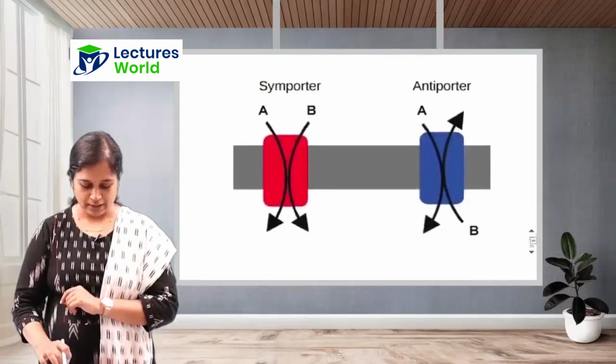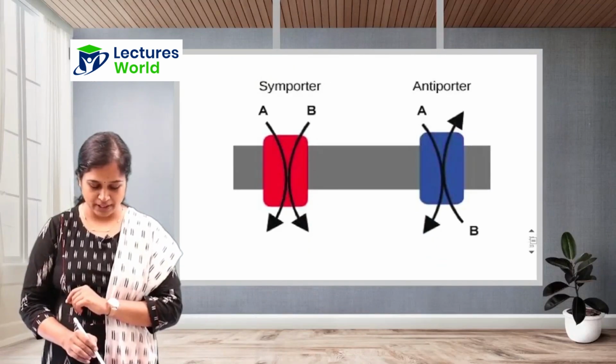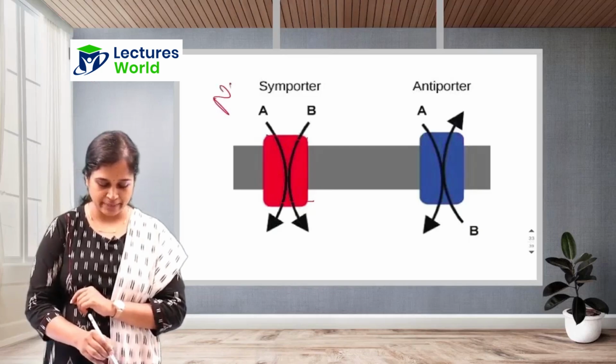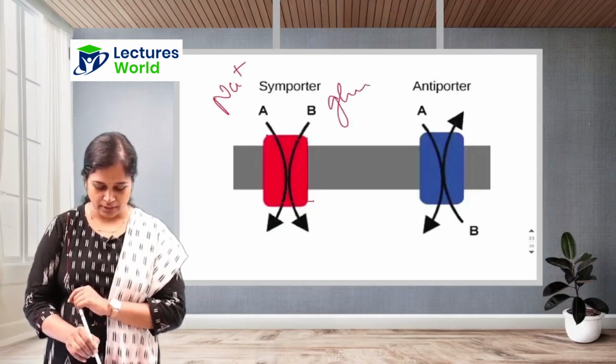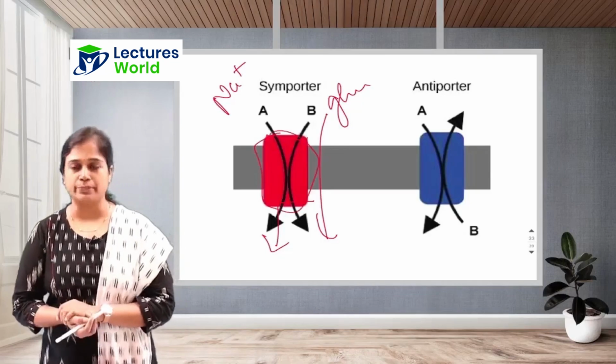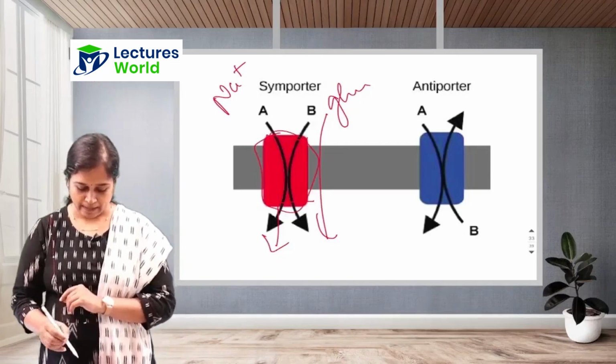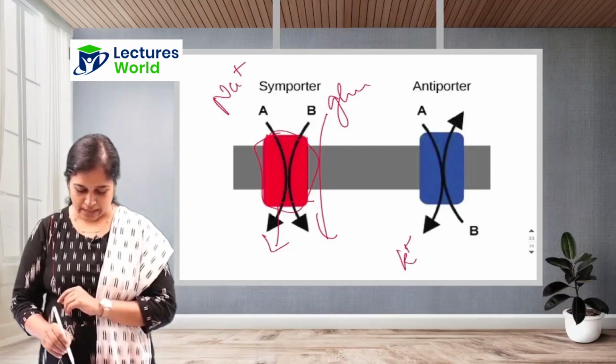So you can see this is the protein via which two molecules, for example Na+ and the glucose molecule, come inside the cell. So this protein is called a symporter protein. Now this is K+ and this is Na+.